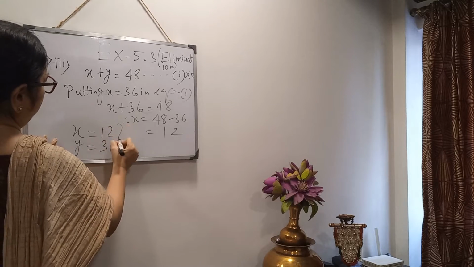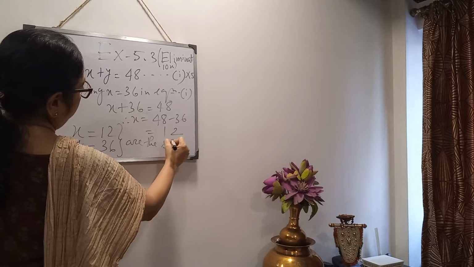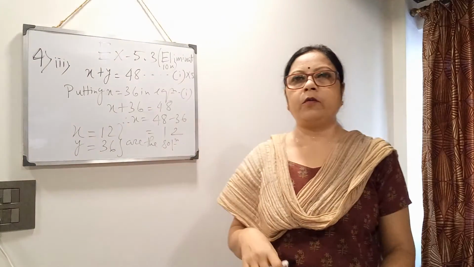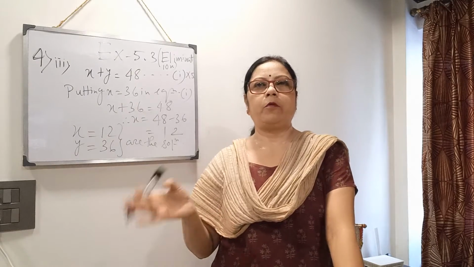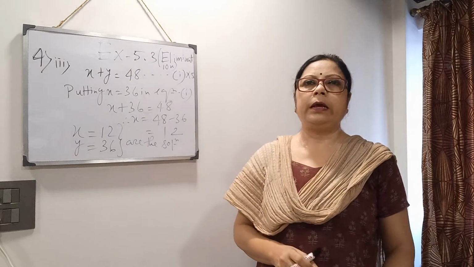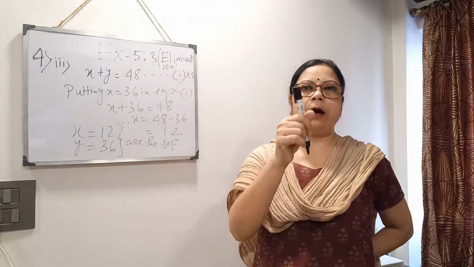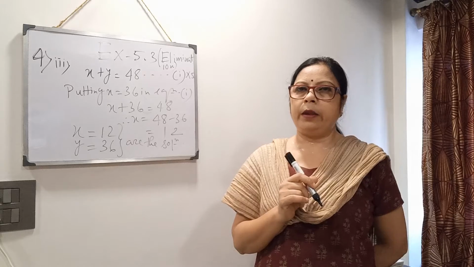Together they are the solutions. So what have I done? What was the given equation? The first equation was in normal form, no problem, and the second equation I have converted to normal form. Then I saw that in front of y there is a plus and a minus sign. So by adding I saw that y can be eliminated.